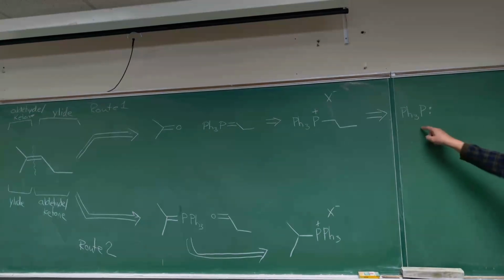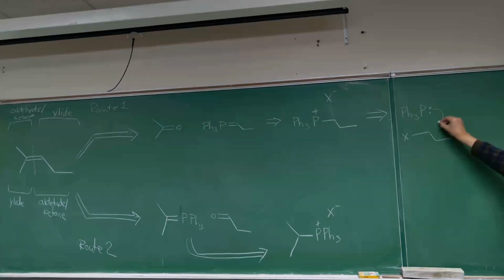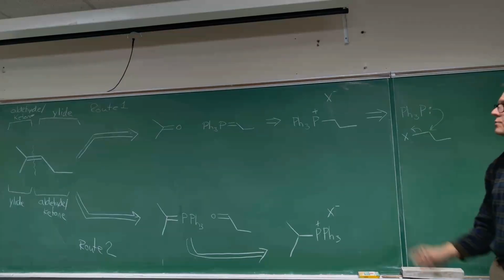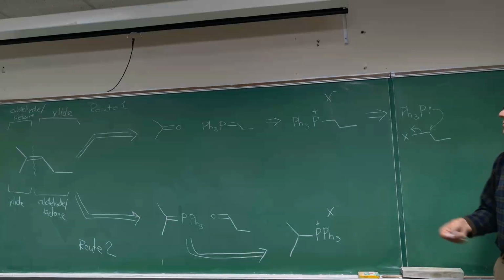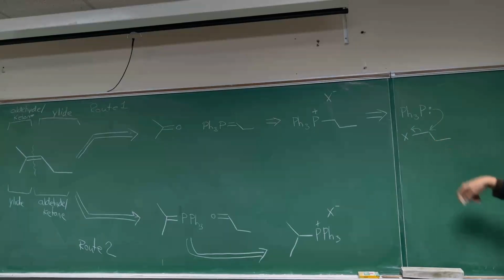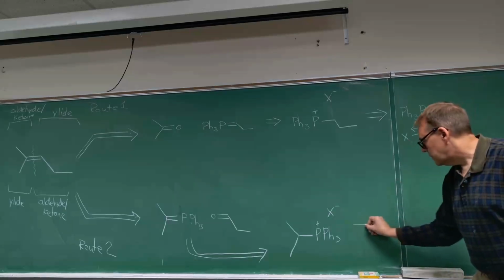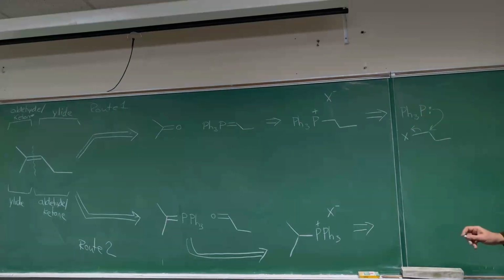So if you put in triphenylphosphine and an alkyl halide like this, the triphenylphosphine phosphorus attacks, you get an SN2 substitution reaction, and you get that product. That looks like a pretty good SN2 substitution reaction, because that's a primary alkyl halide. You just have to make sure your X is a good leaving group, and you'd have a good amount of success with that reaction. Here's where the problem is.